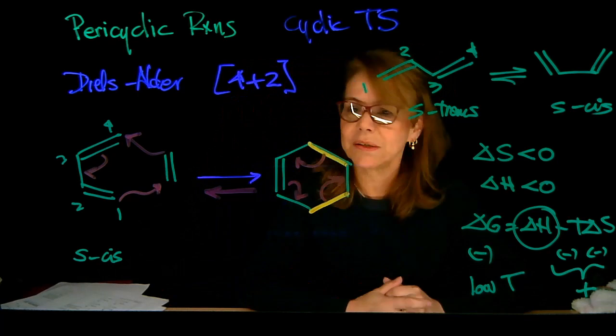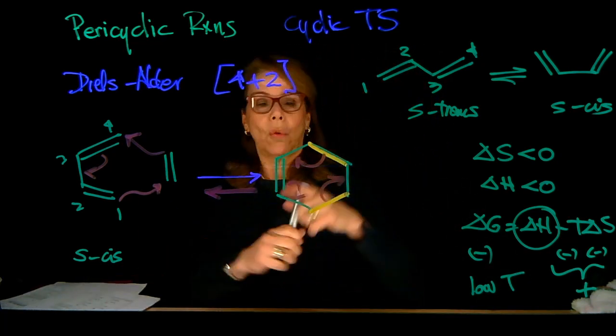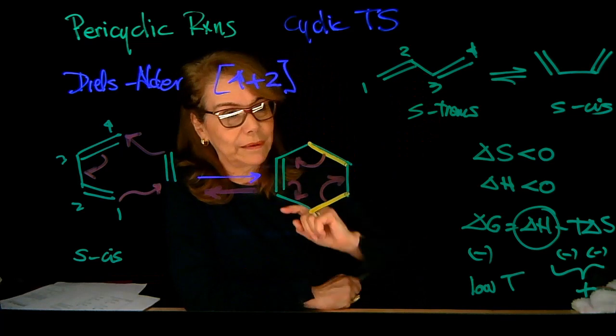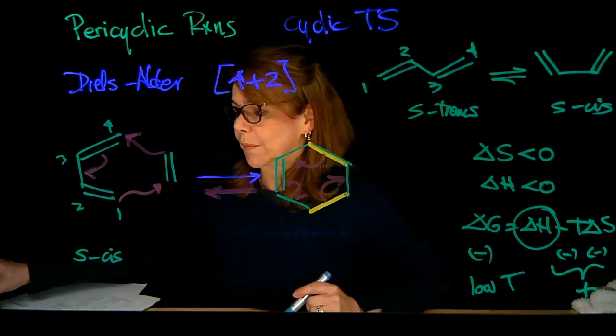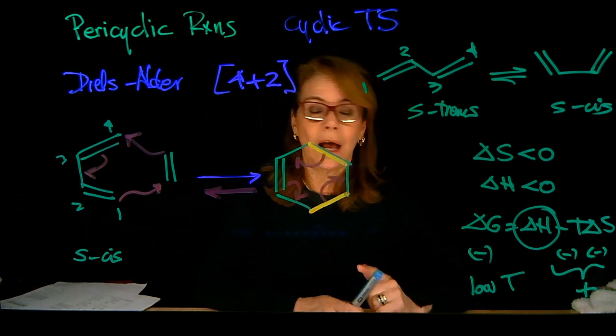There are a few important things regarding the Diels-Alder reaction. One is, again, that your reactive conformation is the S-trans... rather, the S-cis, and that makes some dienes not reactive.